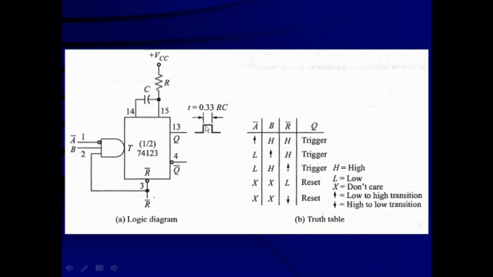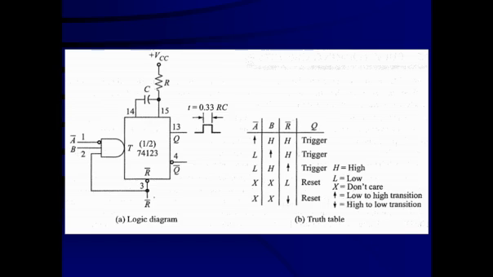It does not wait for the timeout. At any time the reset terminal is activated, the output changes from high to low at that instant. In that way, the timing duration is interrupted.